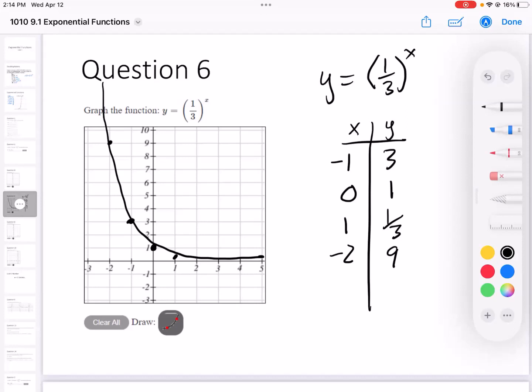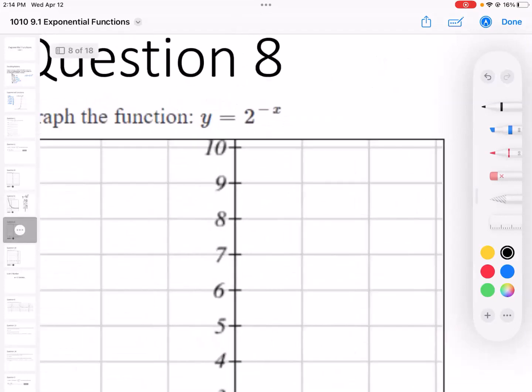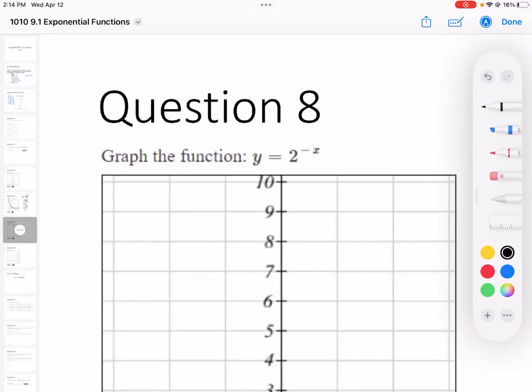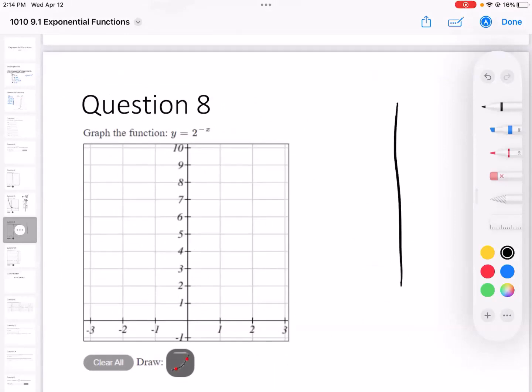Okay, cool. So you have a whole bunch of graphing ones, like on question 8. On this one, you have a graph where you have a -x in your exponent. So in this case, you just think about what's going to be easy to plug in. If I'm trying to do y equals 2 to the -x, I might plug in a -1, because 2 to the -1 is going to be 2 to the +1, which is an easy number to graph.